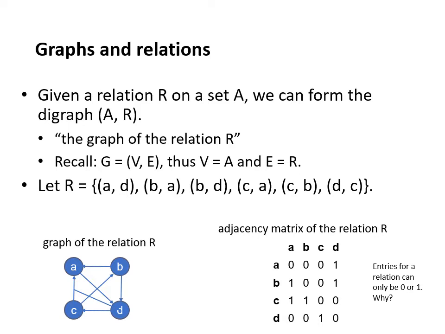So if this is the relation that is given to us, then we can represent it as a graph like this. So it's going to be a directed graph. For example, BD is an element of the relation, and there is this edge from B to D, and so on. And of course, we can then also write down the adjacency matrix of this relation. Note that the entries for a relation can be only 0 or 1.